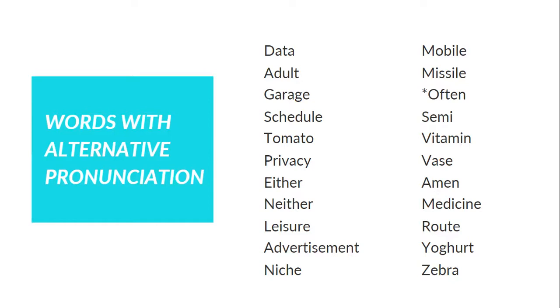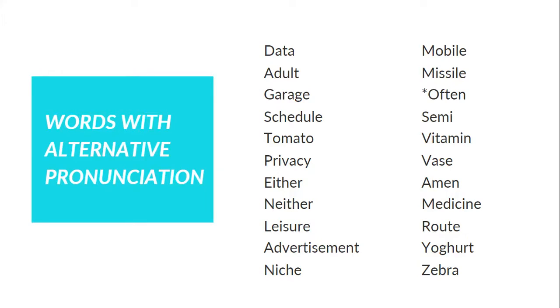So I'll say the British pronunciation before the American pronunciation. So you have data, American, data. Now, Americans go more of data, right? Data. I have not mastered the American pronunciation.